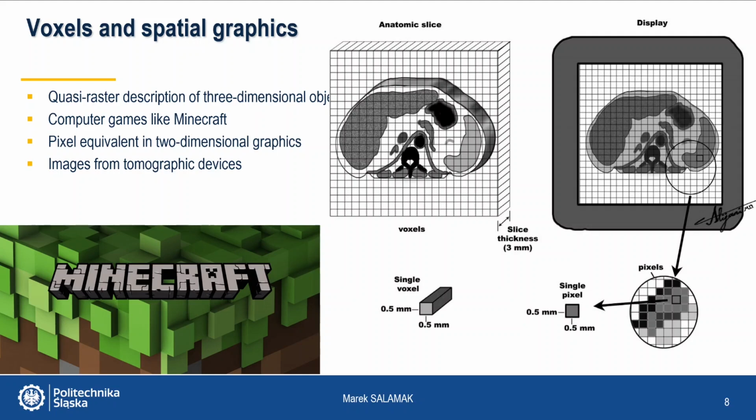Using voxels, we describe space as a three-dimensional matrix whose individual cells have specific sizes. Graphics based on voxels can most often be seen on images obtained from various types of tomographic devices.